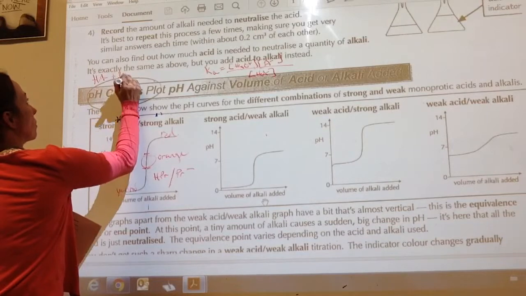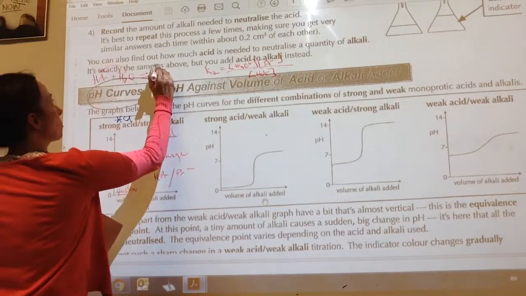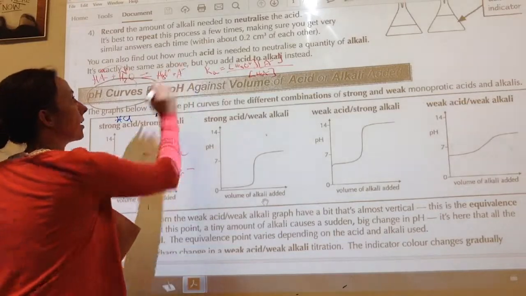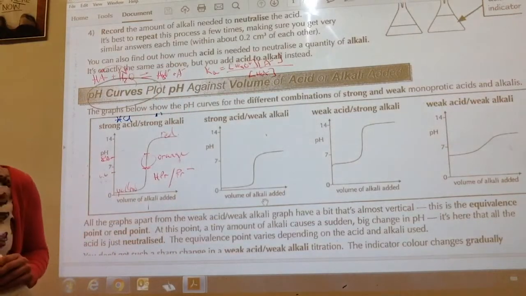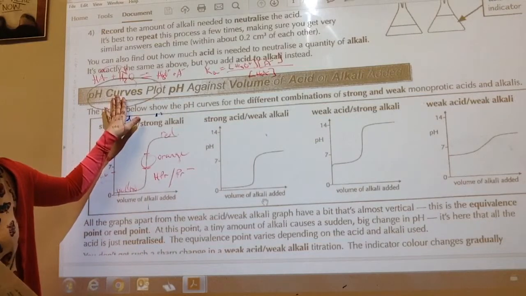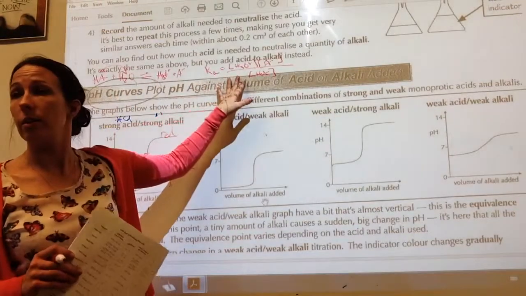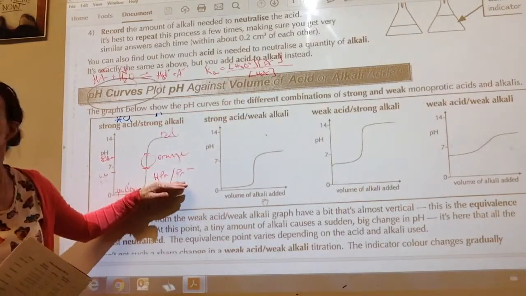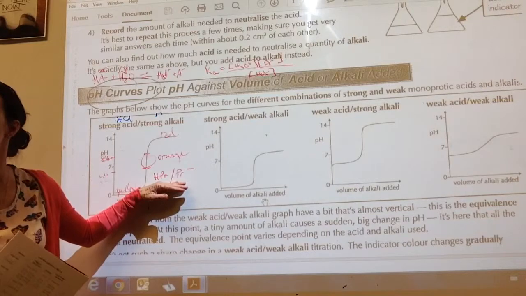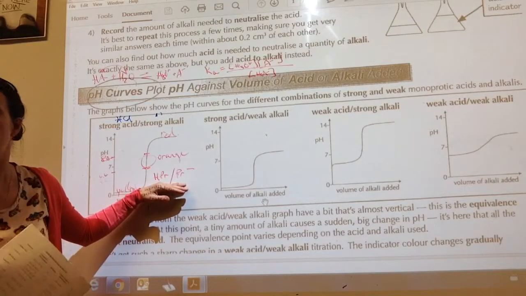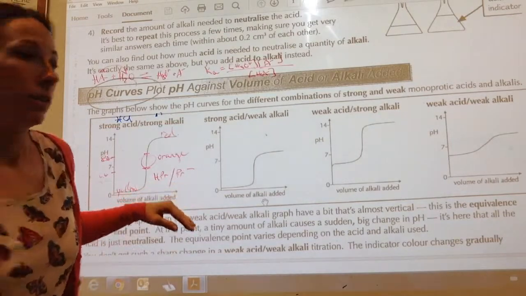HA and water, accepting a proton this way, becoming H3O plus and A minus. Products over reactants. You with me? For every weak acid, this equilibrium exists. For every weak acid, this Ka exists. What is every indicator? A weak acid. They all have Kas. Look at the data booklet, it tells us they all have Kas.